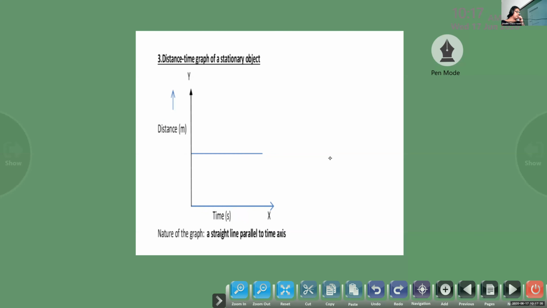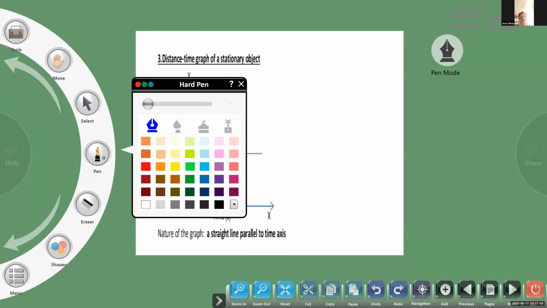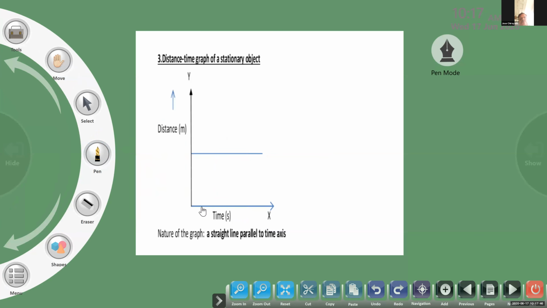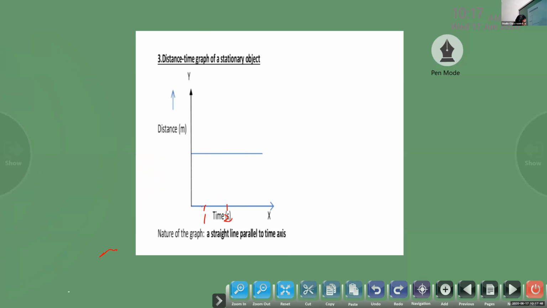The nature of the third graph is a straight line parallel to the time axis. Now, what is the condition of this graph? Once again, I take the example: 1 here, 2 seconds, or you can say 3 minutes or something like that, 3, 4. Now, the distance is at 20 meter.